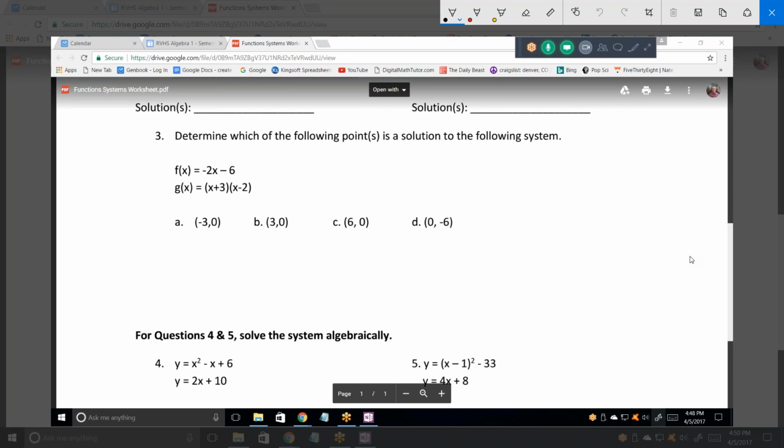So how would you do this problem? I would just go through each point and solve it for the easier equation. Exactly.